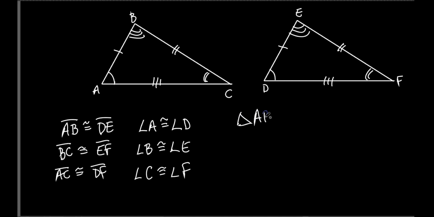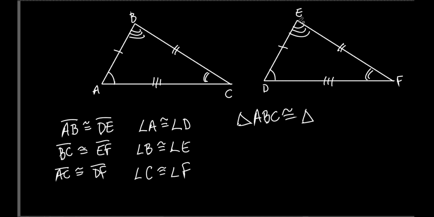Yeah, let's call it ABC. I could have called it BCA, CAB, CBA, whatever you want to call it, okay? But here's the part that you got to get right. It's congruent to this triangle over here. But you got to make sure that the corresponding parts match up, okay?